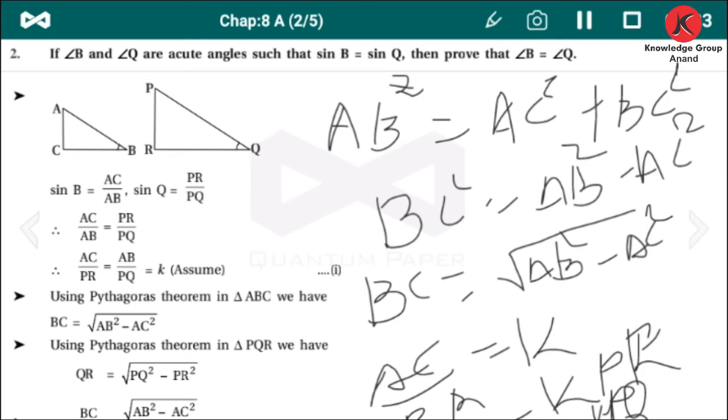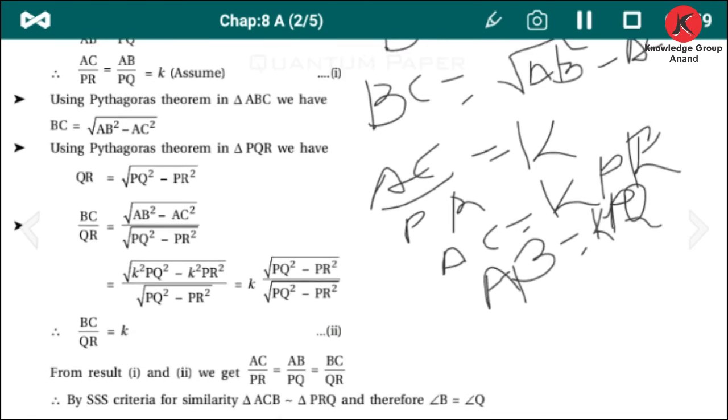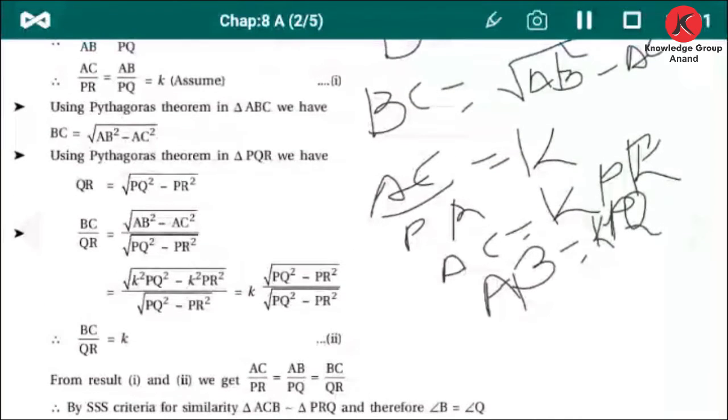Using Pythagoras theorem, BC is equal to under root AB square minus AC square. Using Pythagoras theorem in triangle PQR, we have QR is equal to under root PQ square minus PR square. Taking the ratio BC upon QR, we get BC upon QR is equal to K. From result 1 and 2 we say that AC upon PR is equal to AB upon PQ is equal to BC upon QR.